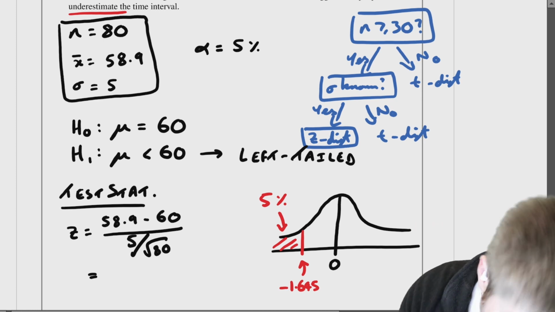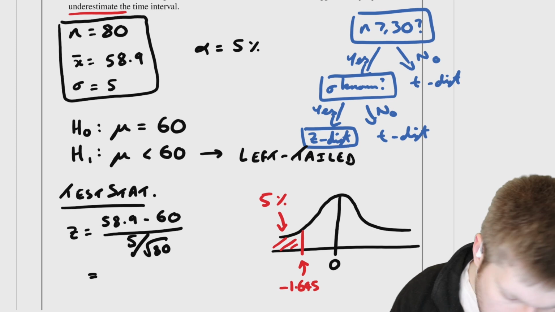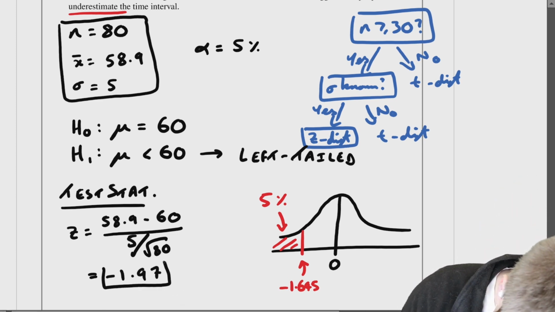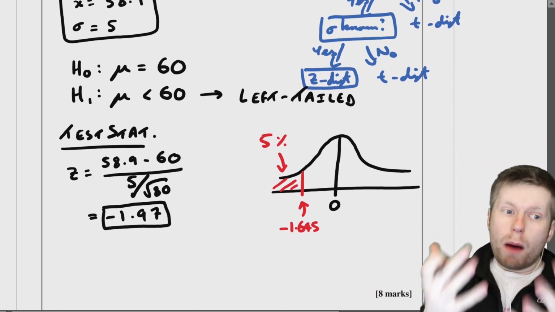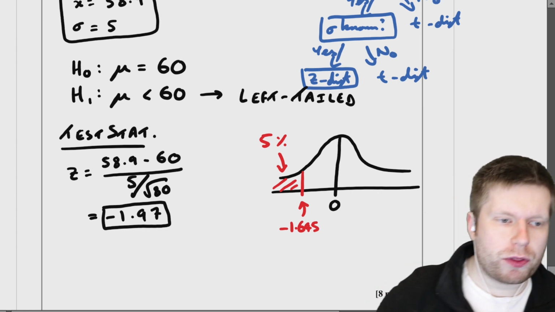If I stick all of that into a calculator, I get negative 1.97. So in other words, my test statistic is negative 1.97. My sample lies 1.97 units of standard deviation below my hypothesized mean.